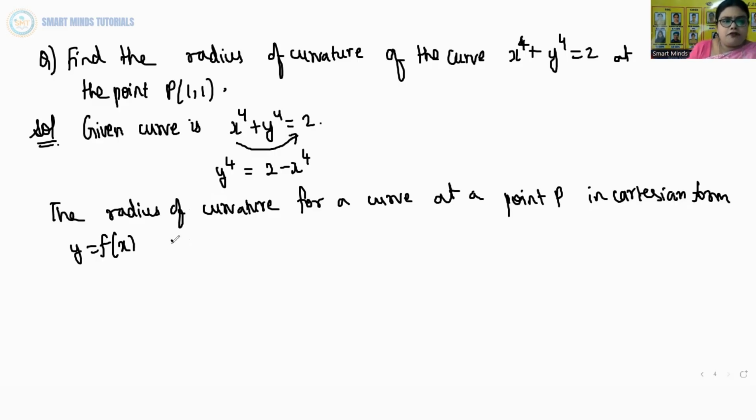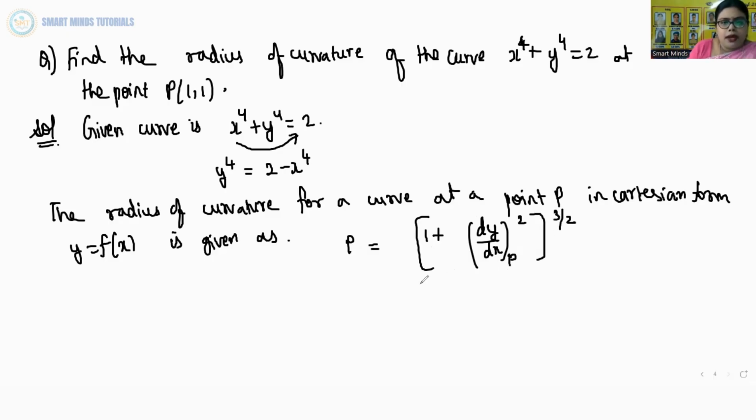And if Cartesian form is given, then the radius of curvature formula is rho, this is not p, this is rho. Rho is equal to 1 plus dy by dx at some point P whole square, then again whole power 3 by 2, divided by d square y by dx square at some point P. This is the formula for radius of curvature in Cartesian form.